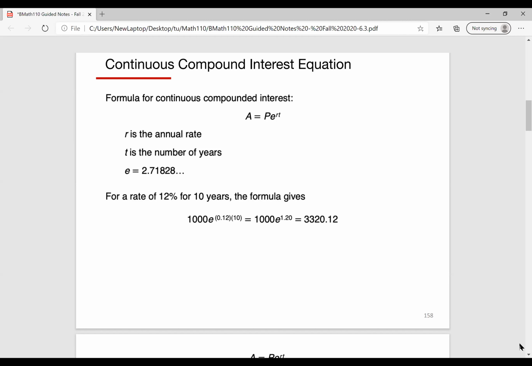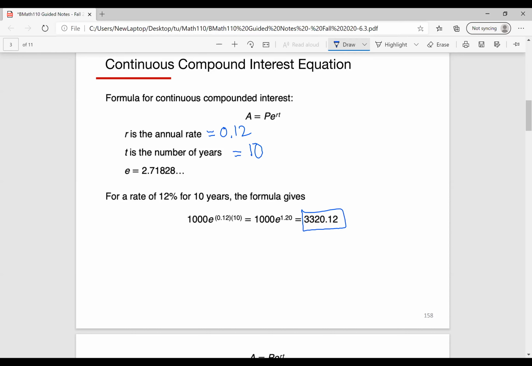In here we don't have m anymore, but we have e as 2.718 something, t is the number of years, which is 10, and r in here is 12%, which is 0.12. Applying everything into the formula, you will get 3,320.12, which is the highest amount of money you get with continuous compound interest.